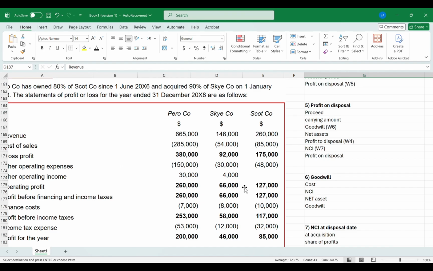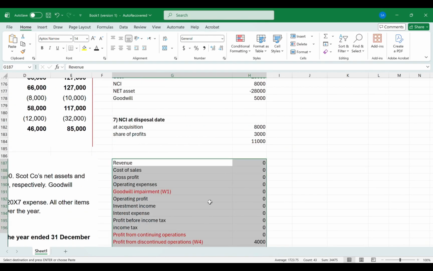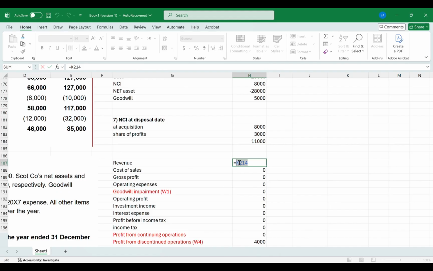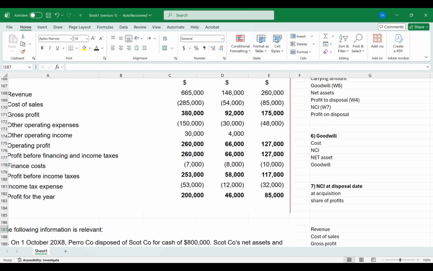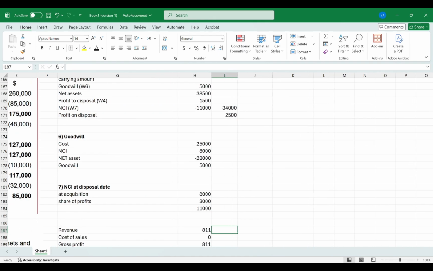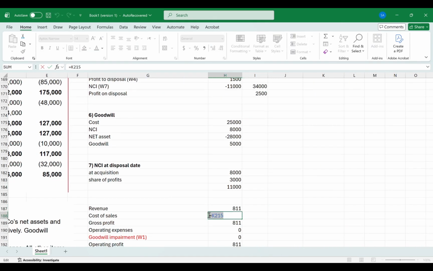So the revenue would be 665 plus 146, which is 811,000. Then moving on to the cost of sales, it is 285 plus 54, which is 339.